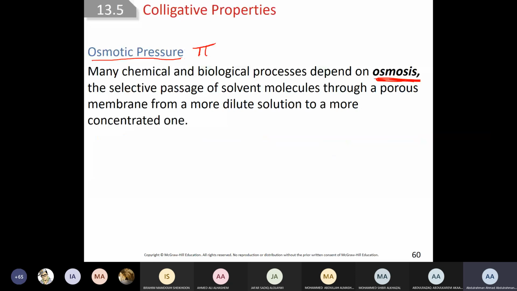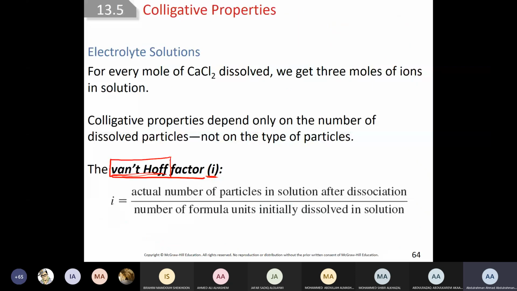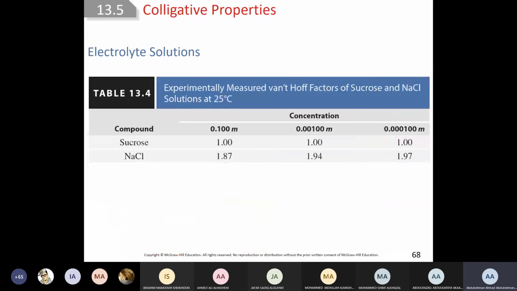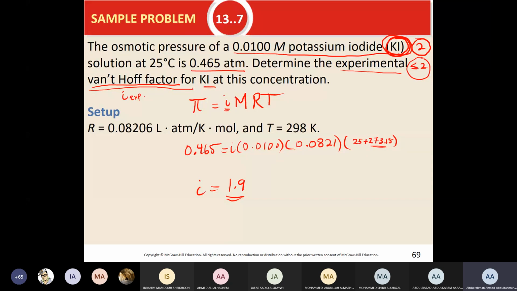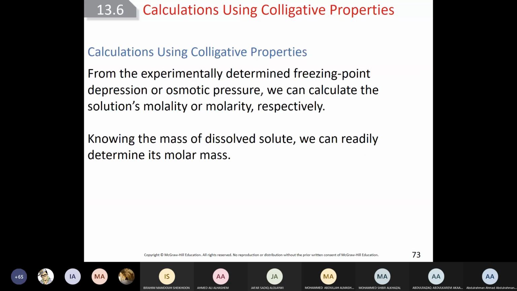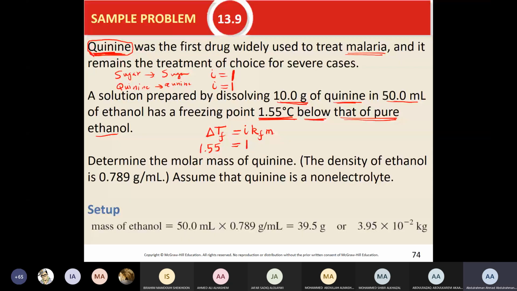As I said, this will be given to you. So we are back here. What's K_f? 1.99. Okay, and what's molality?